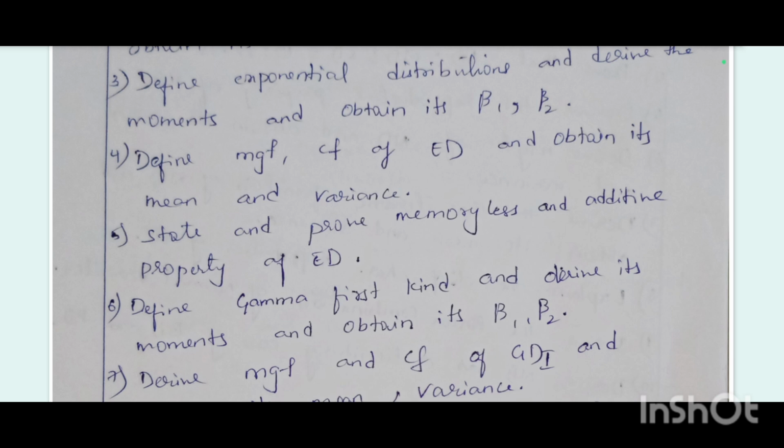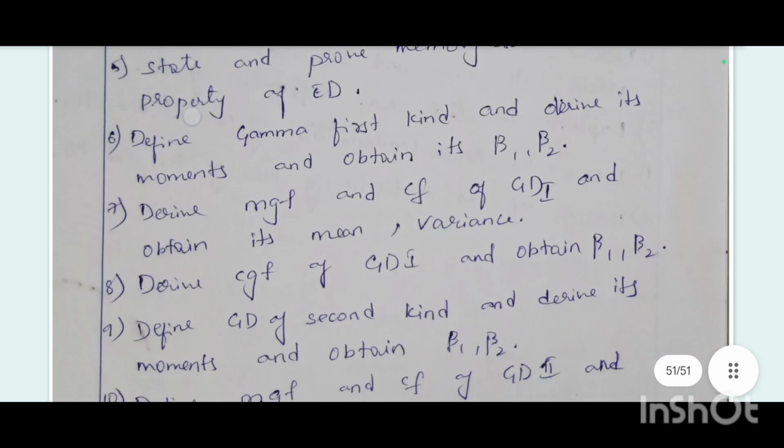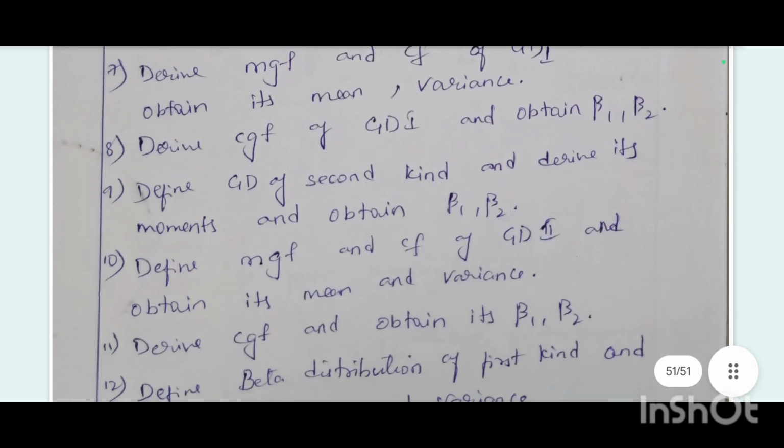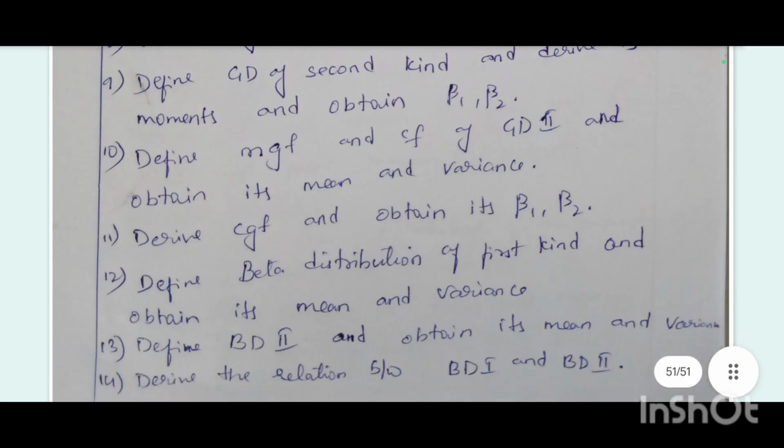Define gamma first kind and derive its moment generating function and obtain its beta 1 and beta 2. Define CGF of gamma distribution and obtain its beta 1 and beta 2. All our questions are the same. So you can see the definitions they are regularly asking.